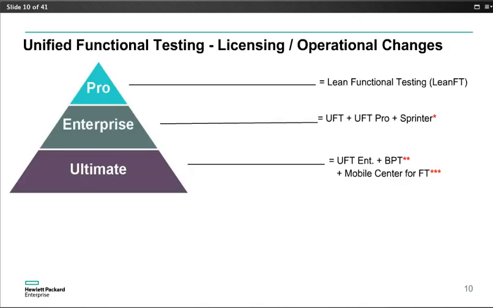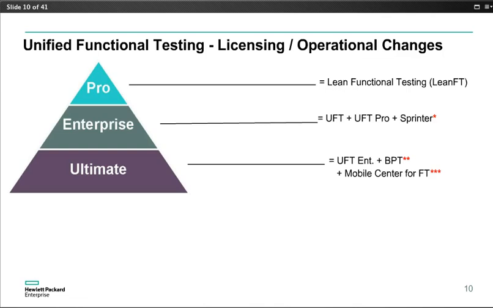So let's talk a little bit about version 14. The first thing that I would like to mention is the name change that we did in the UFT portfolio, or in the UFT product lines. As you can see here, the first edition as part of UFT is going to be UFT Pro, which is LeanFT as you're familiar with it today.